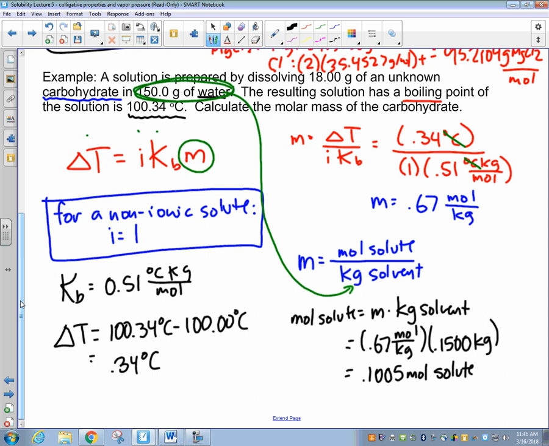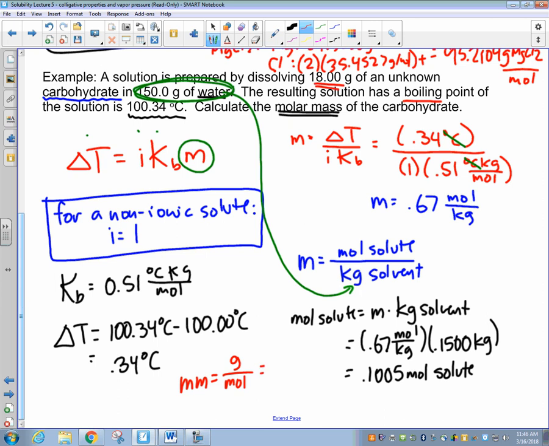And again, looking at this here, the question specifically asked me for the molar mass of this solute. So by definition, recall from earlier in the year, a molar mass is equal to the number of grams per mole of a substance. We've been given grams.